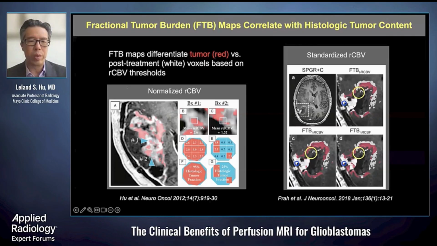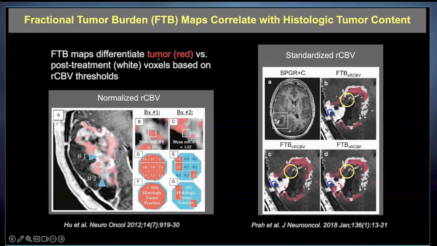And we've developed what's called the fractional tumor burden map, which is essentially a simplification of the perfusion map into areas that fall either above threshold or below threshold. You can colorize them different ways, but here we've chosen to colorize the voxels that have a normalized rCBV above 1.0 as red. It's a good way to visualize the spatial heterogeneity within an enhancing lesion, because each of these enhancing lesions can be comprised of hundreds of voxels.